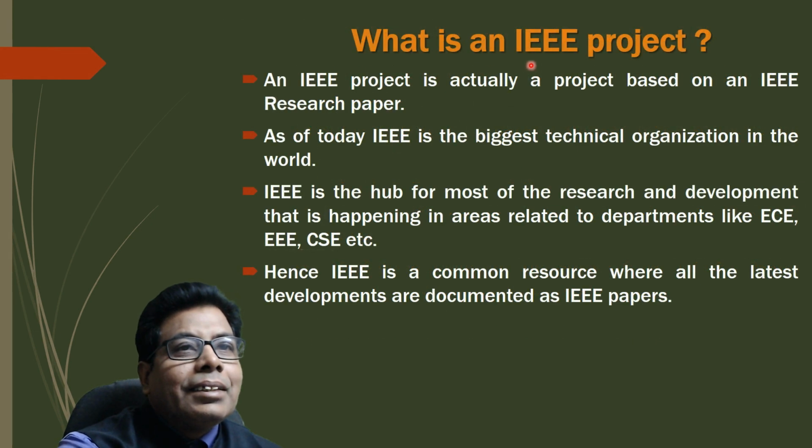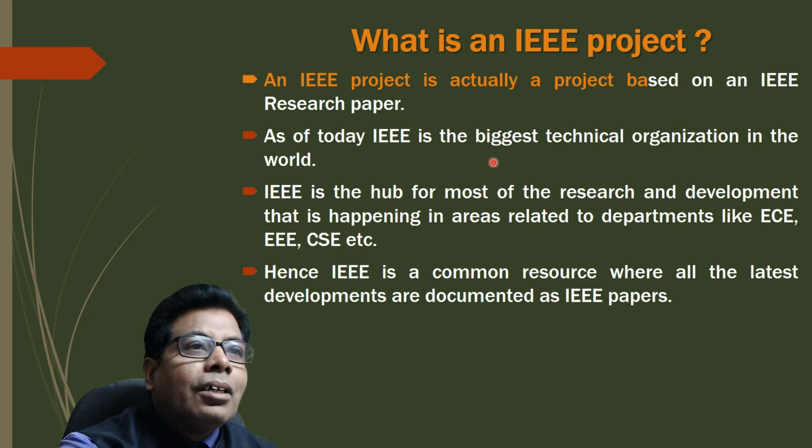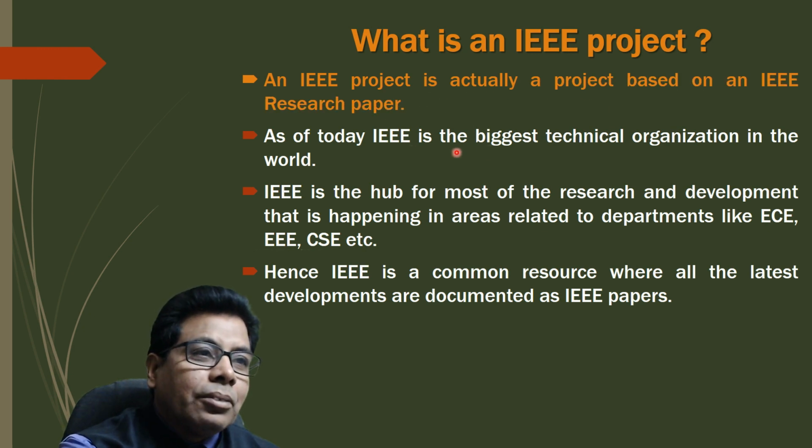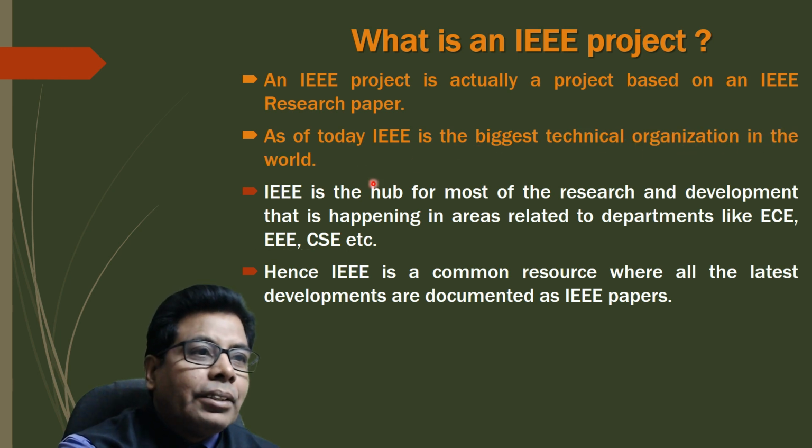Then lastly, what is an IEEE project? So this is again one of the things every student has to know. An IEEE project is actually a project based on an IEEE research paper. As of today, IEEE is the biggest technical organization in the world.